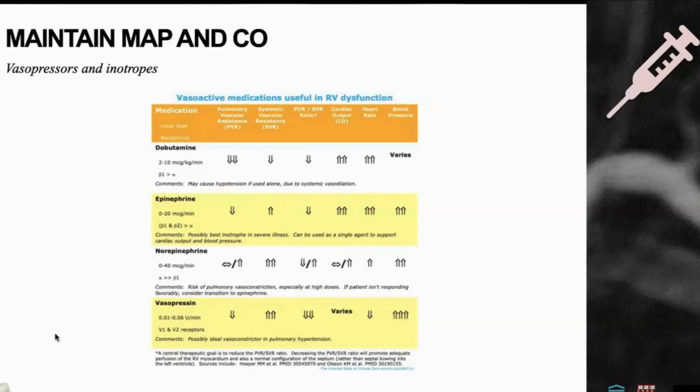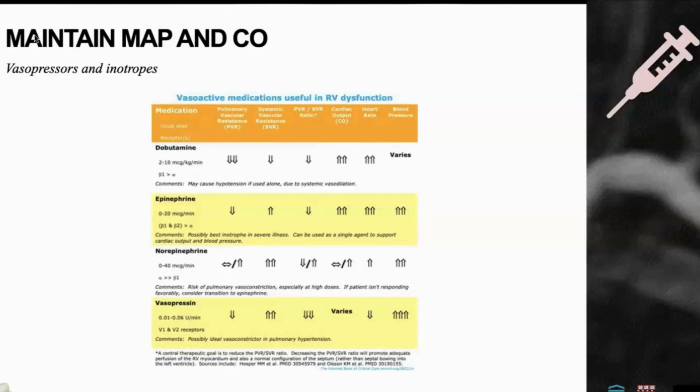So those are vasopressors, and then inotropes are their own category. When we're talking about dobutamine or milrinone, the problem with these is that they help your heart beat by their beta activity. So they help your RV and your LV squeeze. That's good, that's what we want. But they also have this bad effect of dropping your peripheral vascular resistance.